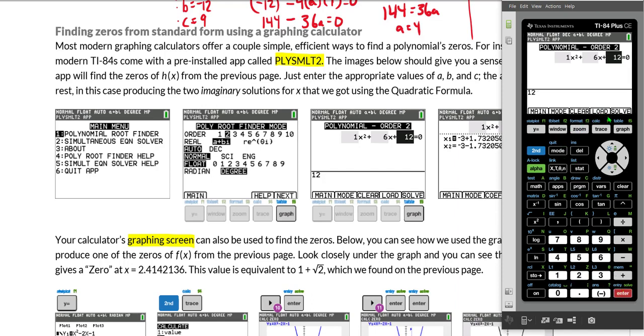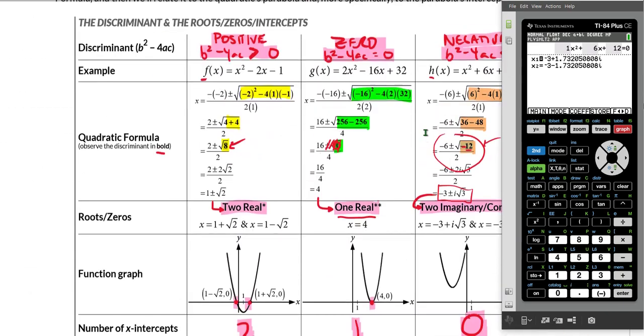So what I now do is I hit the solve tab, which is again the graph key. I hit solve, and what pops up are my 2 roots. You can see I'm getting -3 plus some imaginary number and -3 minus some imaginary number. By the way, this quadratic that we used here is from the previous page.